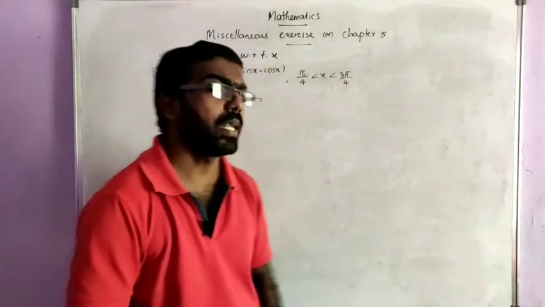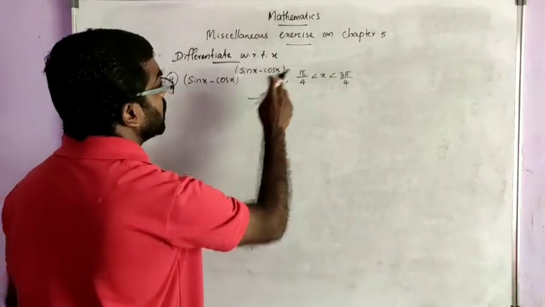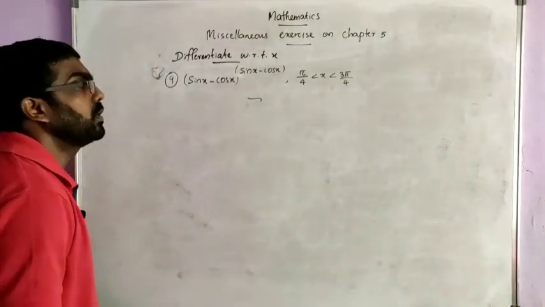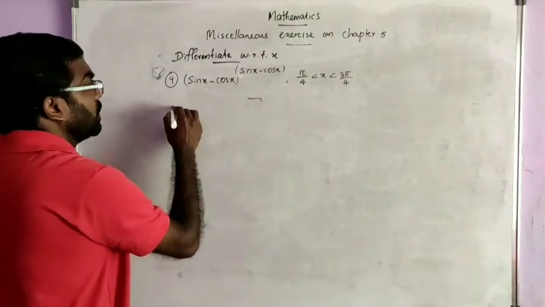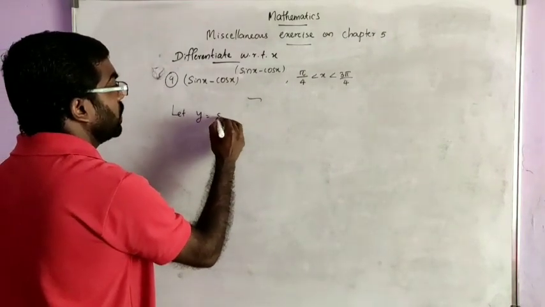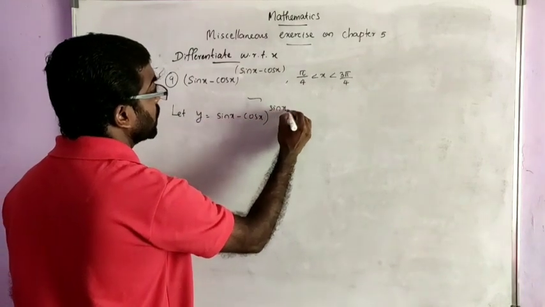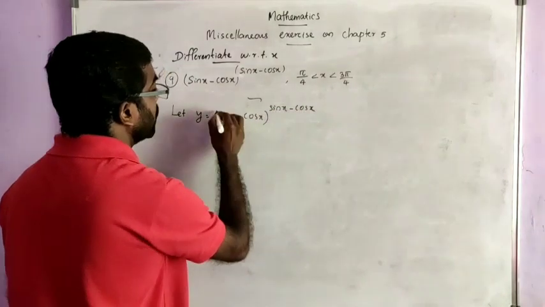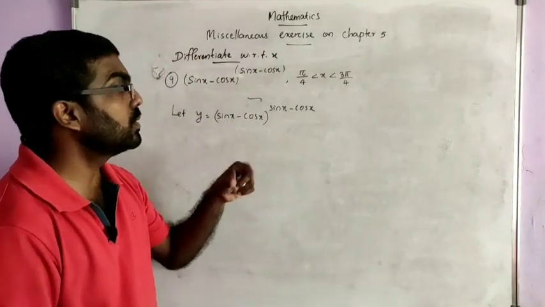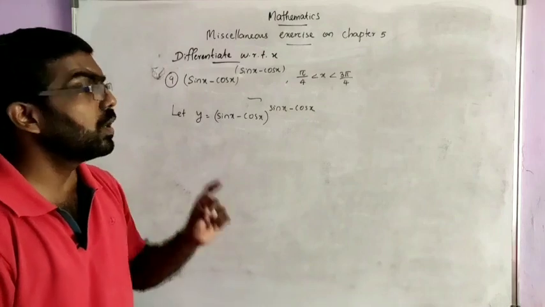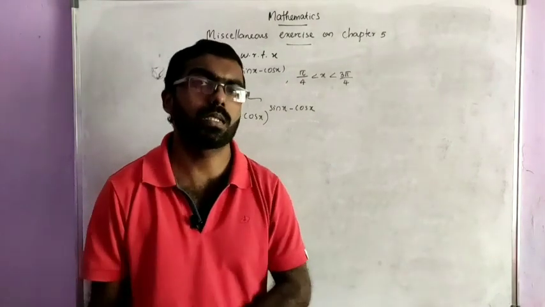Now we move on to question number 9. (sin x minus cos x) the whole raised to (sin x minus cos x), pi by 4 less than x less than 3 pi by 4. Let y is equal to (sin x minus cos x) the whole raised to (sin x minus cos x). Here also the question is of the form a function to the power another function. That means y is equal to u raised to v, where u and v are functions of x.